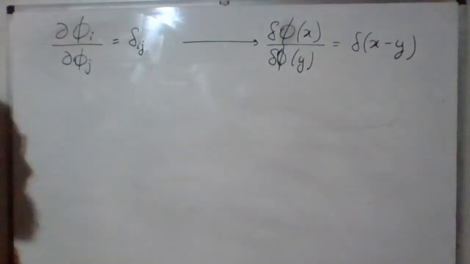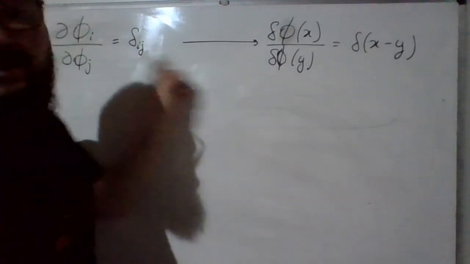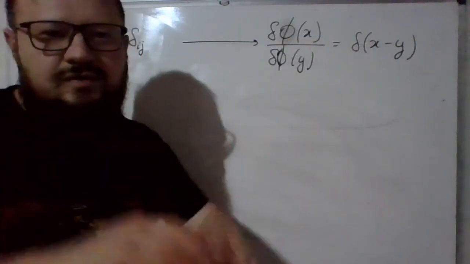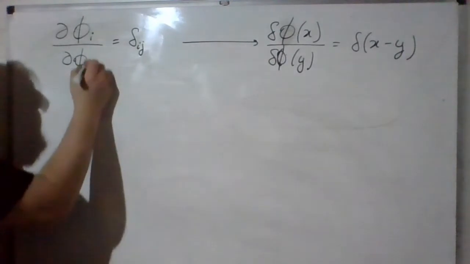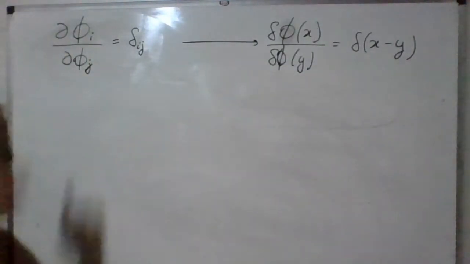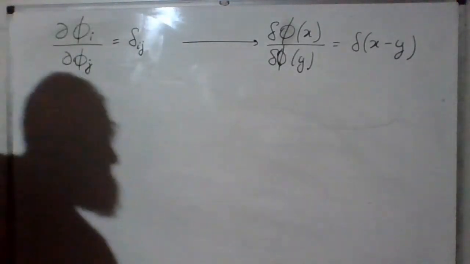Okay? Taking the same idea, the Kronecker delta becomes a Dirac delta in the limit of a continuum, or if you take indices from discrete to continuous variables, Kronecker delta goes to Dirac delta.